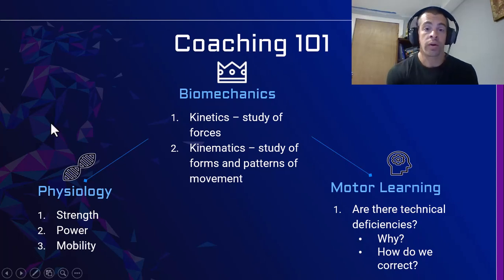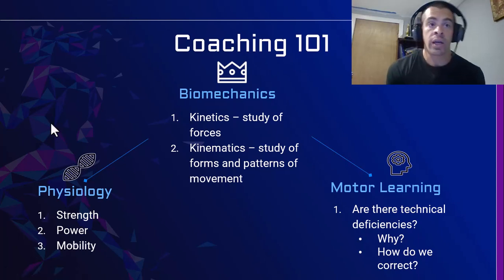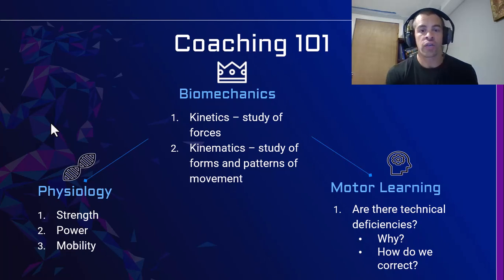Coaching 101: understanding what we're looking for in each of these subphases, and basically we take an exercise science perspective. I think first and foremost we need to understand biomechanics, and if we look at it from a biomechanics perspective, we can look at it from a kinetics and a kinematics perspective, where kinetics is the study of forces. At the end of the day, we need to produce a tremendous amount of force in order to be fast.